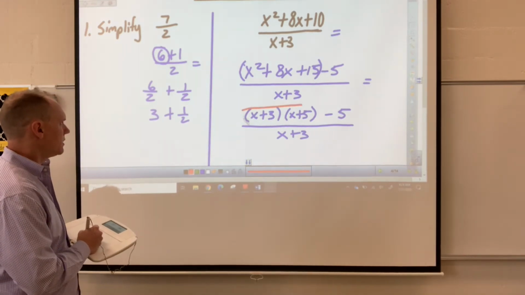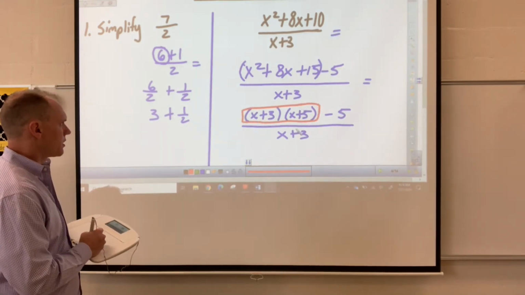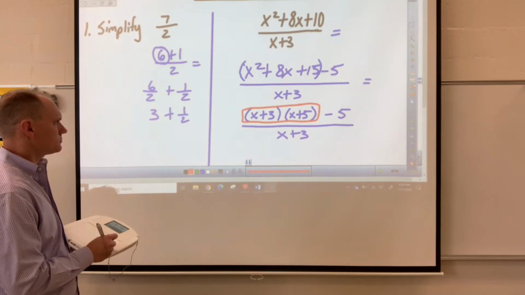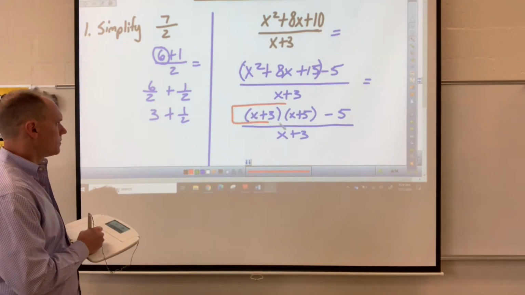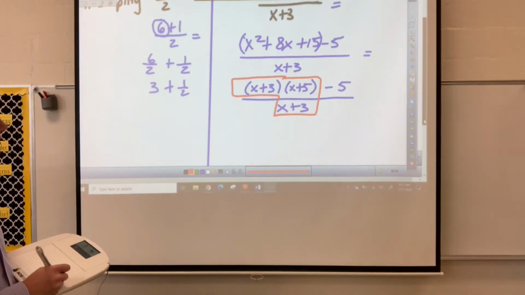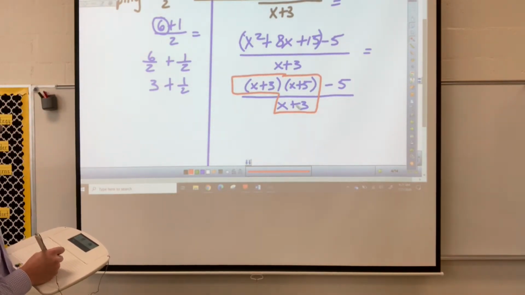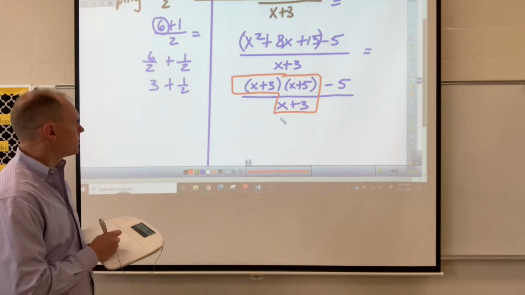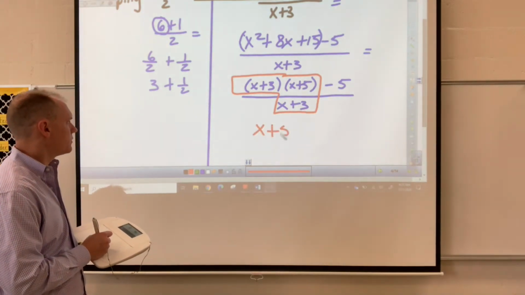When we divide this part by x plus 3, x plus 3 divided by x plus 3 is just 1, leaving us with a factor of x plus 5.